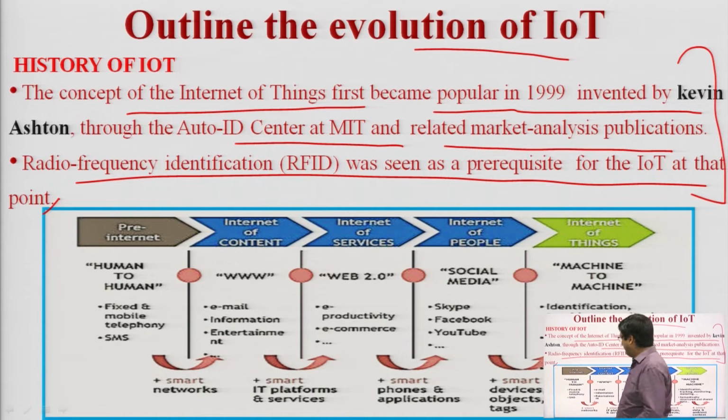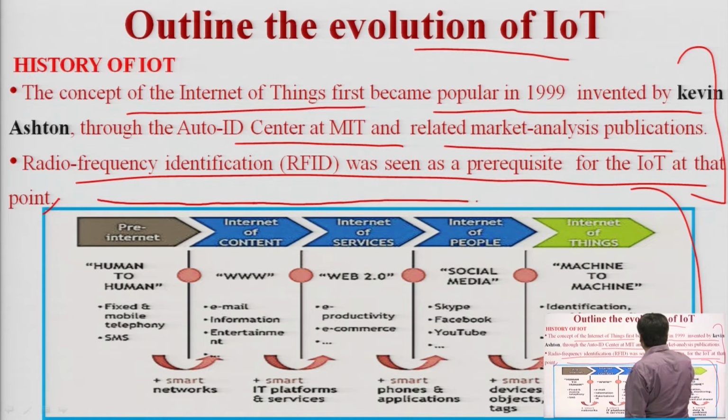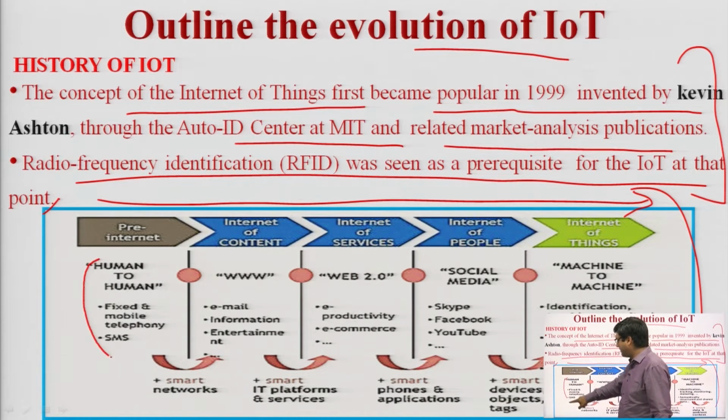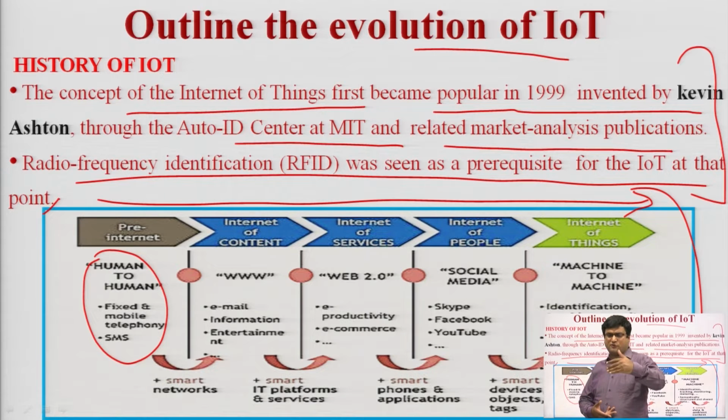Here you can see in this diagram, we are evolving from the pre-internet to the internet of things. Pre-internet means humans were connected to humans through mobile phones 30 or 40 years back. You can see the large-size mobile phones.